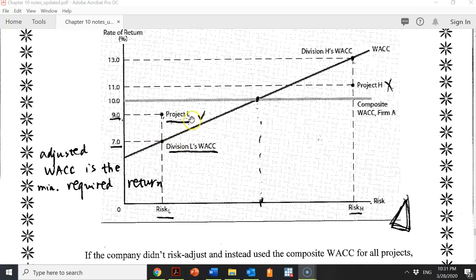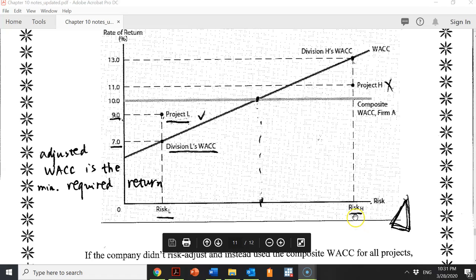So for project L, we should accept it because the return is higher than the cost. We cannot compare the return of project L to the composite WACC of 10%, because for projects with little risk like this, we actually have a lower cost, lower than the average cost for an average project, 10%.